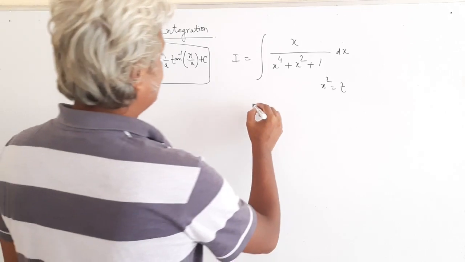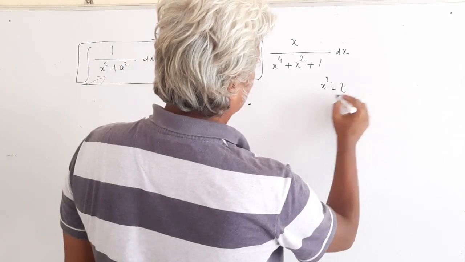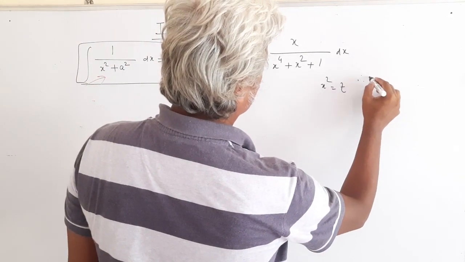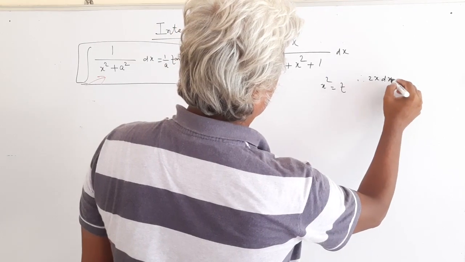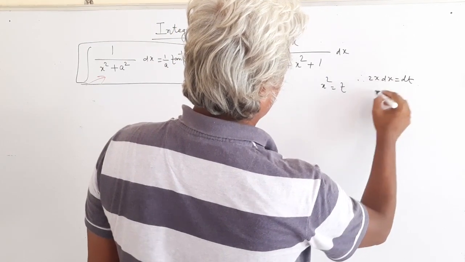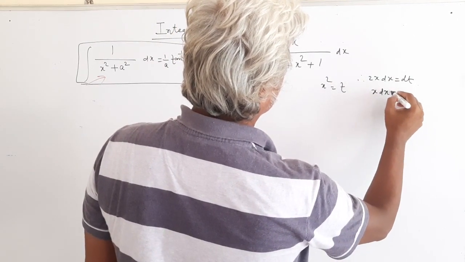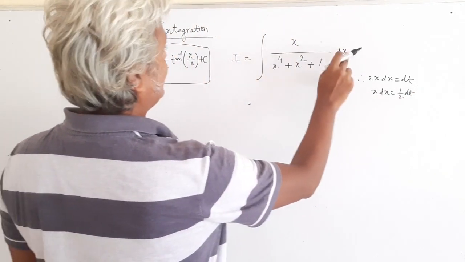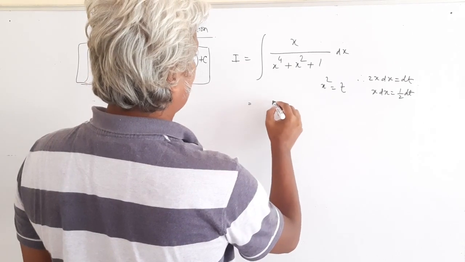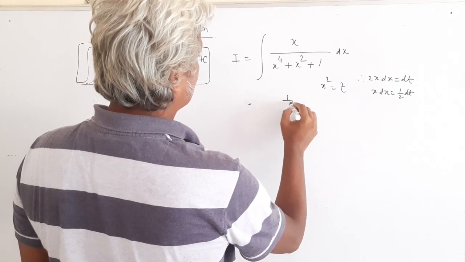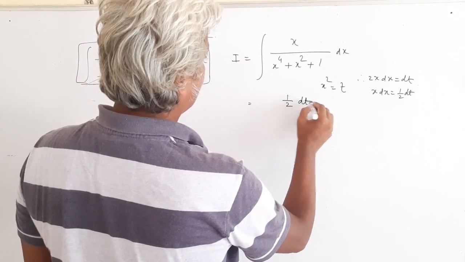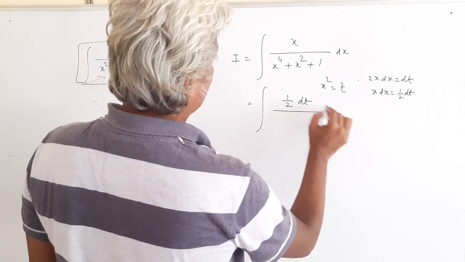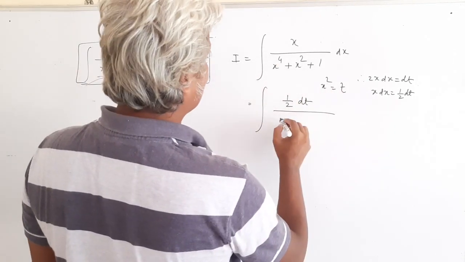Then what will I get? This substitution gives me 2x dx as dt, and x dx as 1 over 2 dt. So in place of this x dx, I write 1 over 2 dt, and in place of x square I write t.